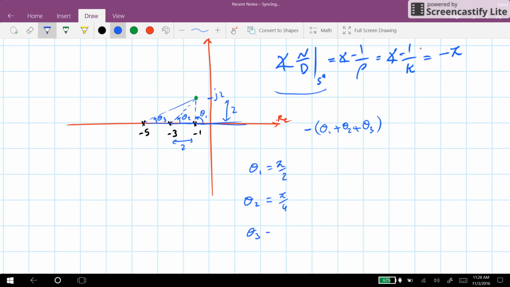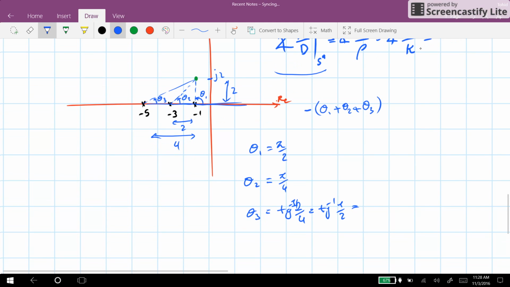And for theta 3 we have the inverse tangent of 2 over 4, or inverse tangent of 1 over 2, which, if you find the value, is equal to 0.46 radian, or 26.5 degrees.